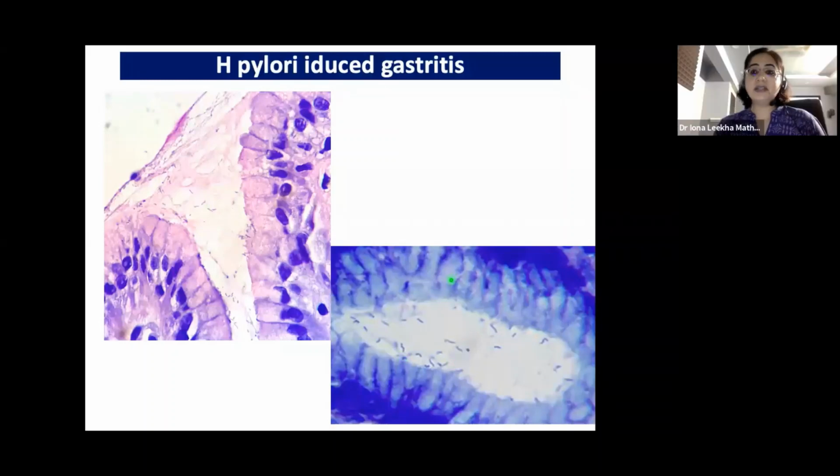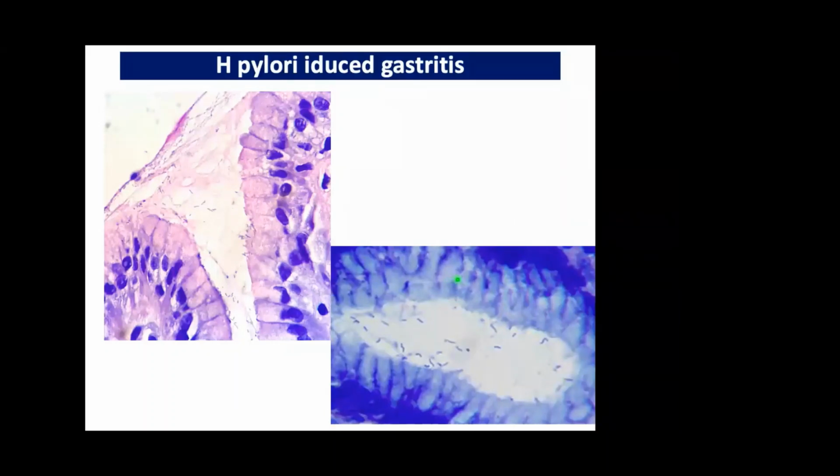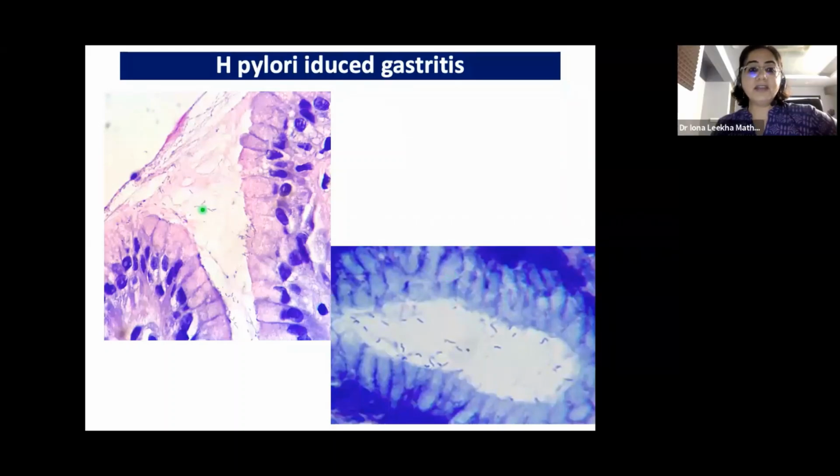What special stain is used in this case to demonstrate H. pylori in the gastric mucosa or on the surface? Ma'am, Giemsa stain. Yes, it's Giemsa. Here you can see curvilinear organisms overlying the foveolar epithelium. You can see these curvilinear organisms on Giemsa. So the stain is Giemsa stain for H. pylori.